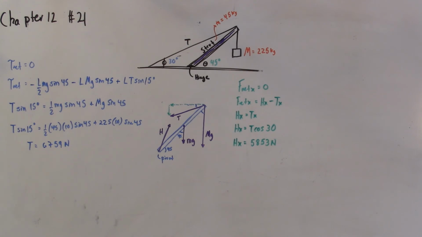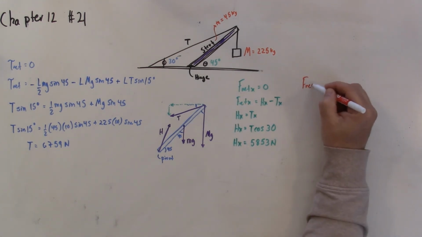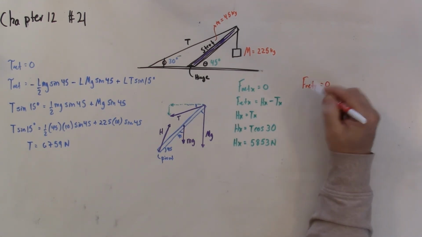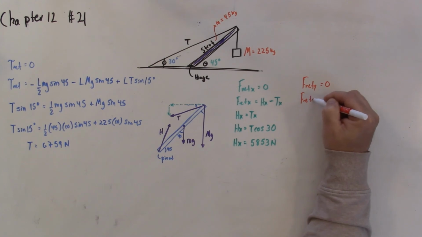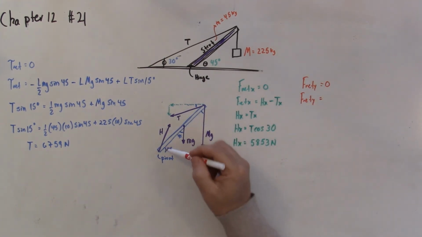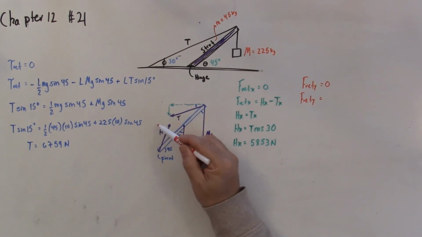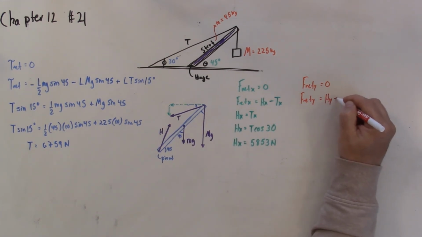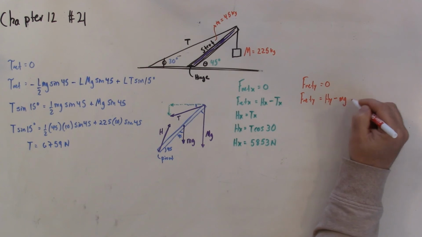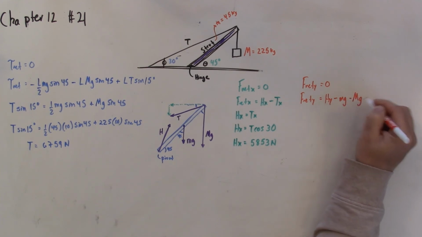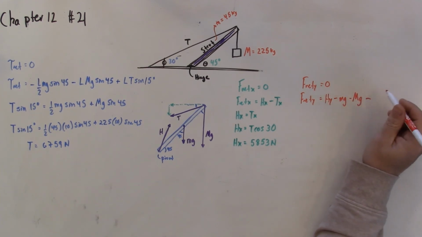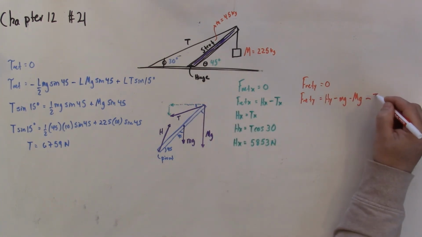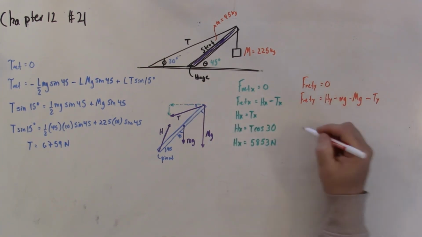And then what about the vertical? If I look at the vertical over here, what do I know about the net force in the y direction? It's equal to 0. If I look at my force diagram here, the hinge is in the up direction. So I have hinge in the y minus little mg minus big mg, and also minus the tension in the y direction.